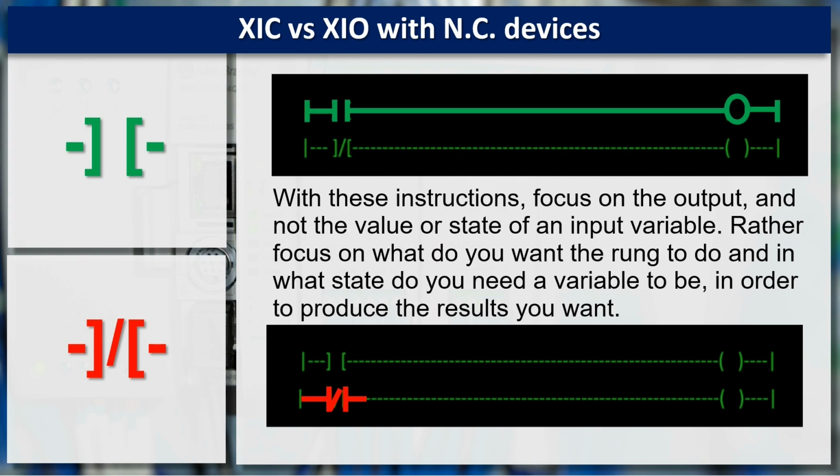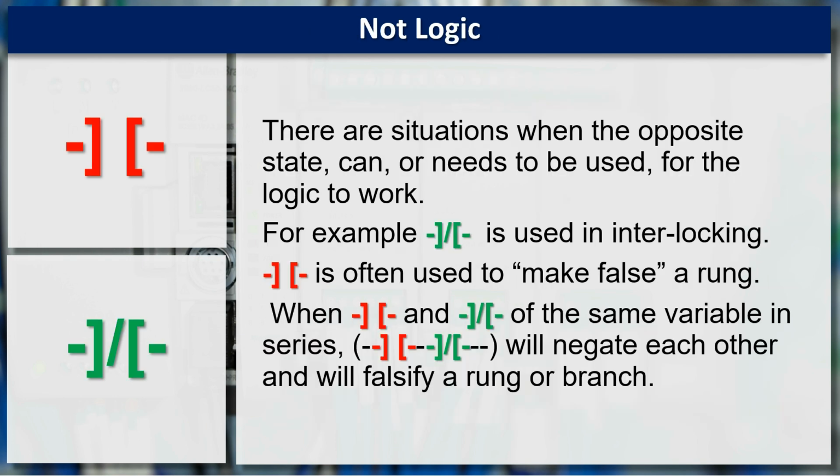With these instructions, focus on the output and not the value or state of an input variable. Rather, focus on what you want the rung to do and in what state you need a variable to be in order to produce the results you want. With that in mind, there are situations when the opposite state can or needs to be used in order for the logic to work.